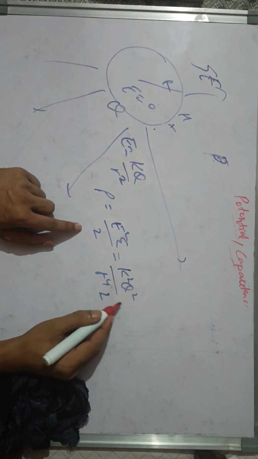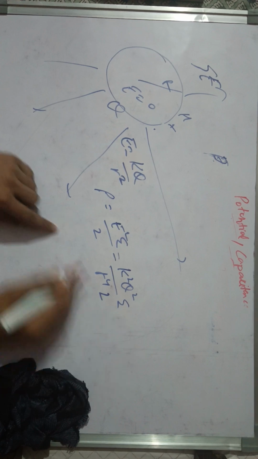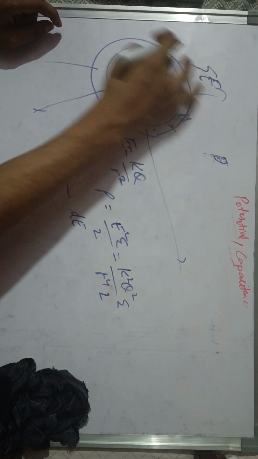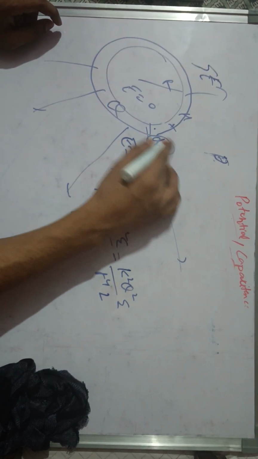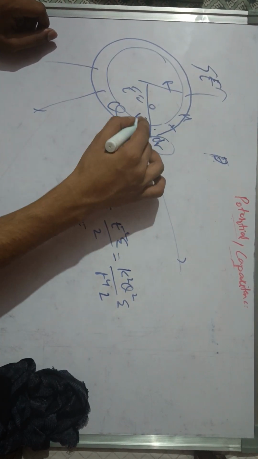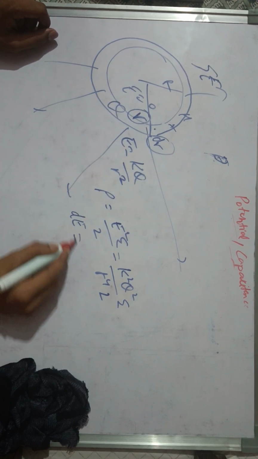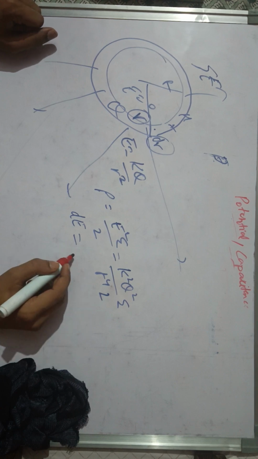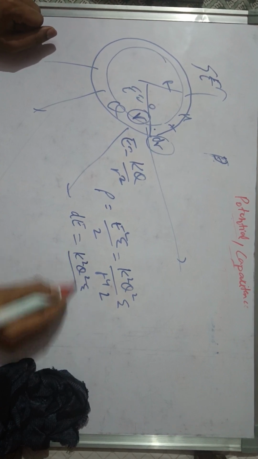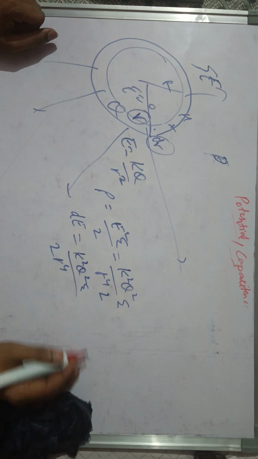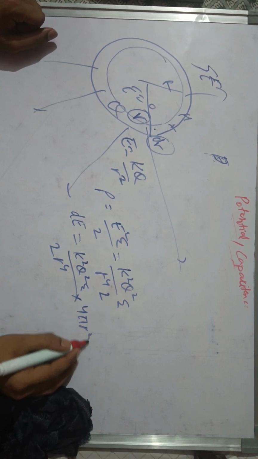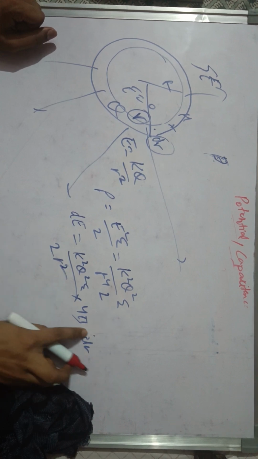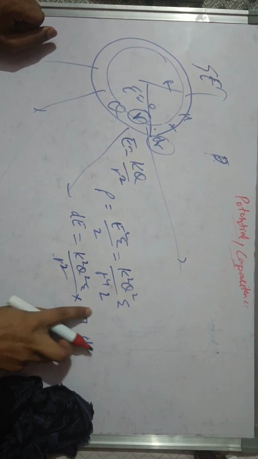Now the small energy dE in a small thin shell of dr thickness at any r radius would be equal to the density into volume. Density is k square q square epsilon by 2 r to the power 4. Volume is 4 pi r square dr. This cancels with this, we get r to the power 2, and this cancels with this, we get 2 here.